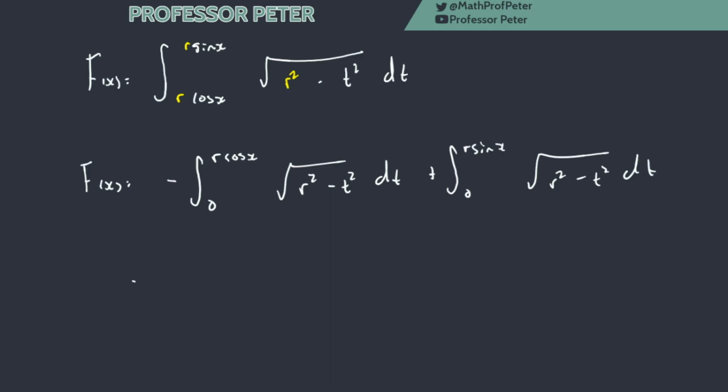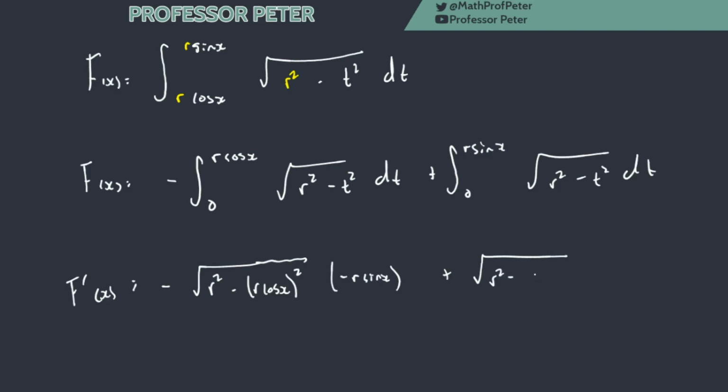And now, when we look at the derivative, we're going to say this is negative the square root of r squared minus r cosine x squared times the derivative of r cosine x, which is negative r sine x, plus the square root of r squared minus r sine x squared times the derivative of r sine x, which is r cosine x.